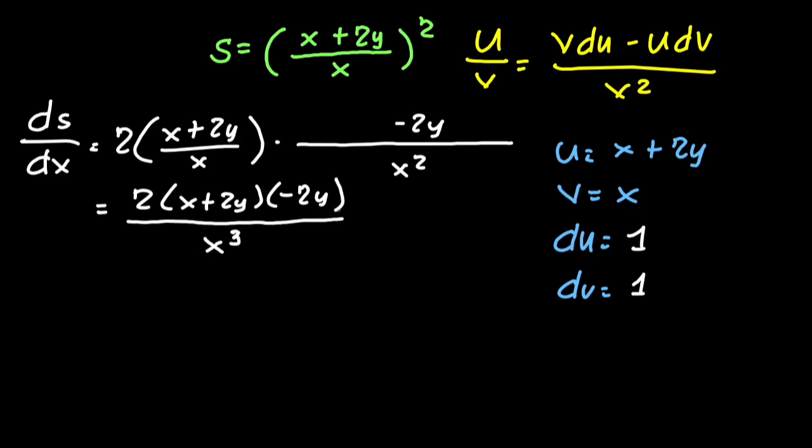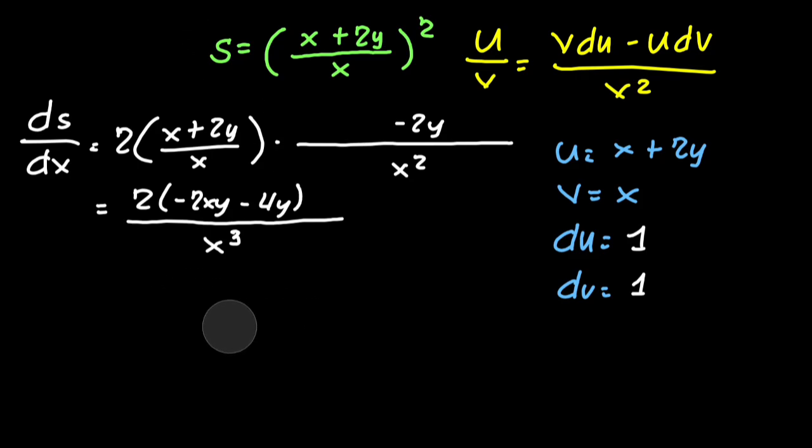So negative 2y multiplied by x is negative 2xy, minus 2y multiplied by 2y is negative 4y squared. So this would be negative 2xy minus 4y squared.